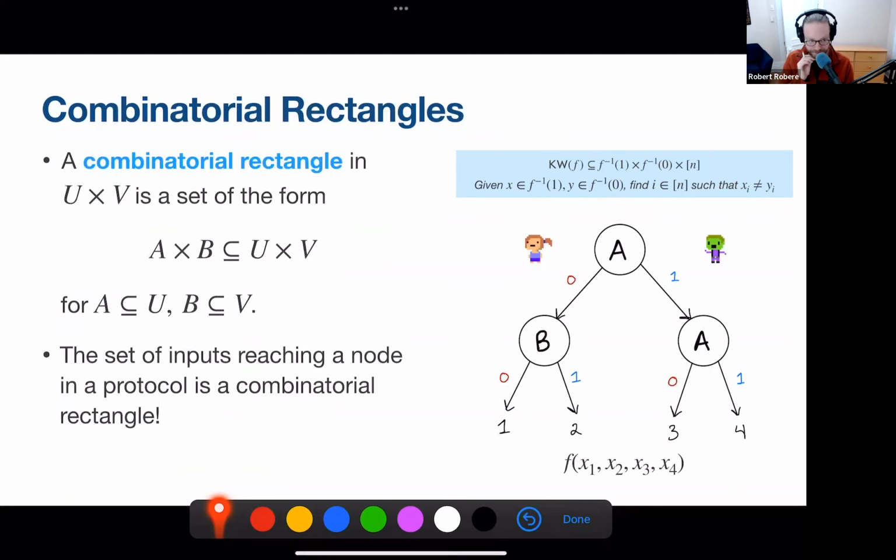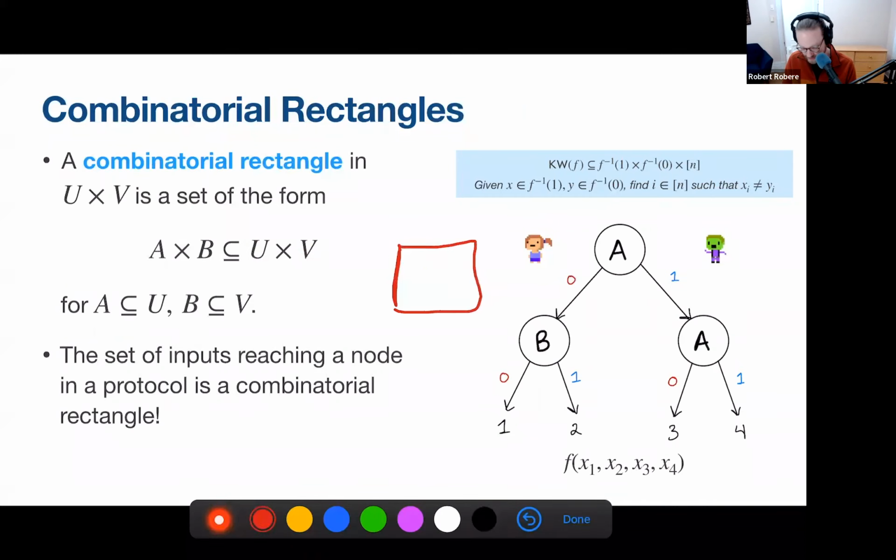Now, in communication complexity, one of the central roles is played by combinatorial rectangles. If I have a set U cross V, then a rectangle in U cross V is just a cross product in U cross V is how I think of it. So you take some subset of U and some subset of V and then take a cross product. So it looks like some rectangle here.